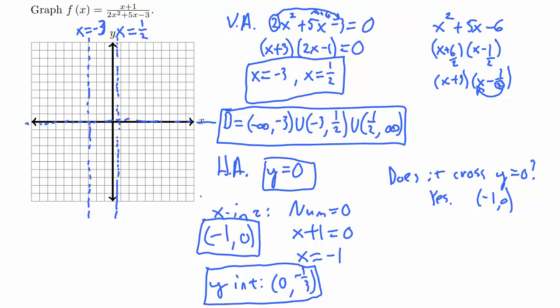Next, I want to plot the x-intercept, that -1, 0, and the y-intercept, 0, -1/3. I want us to look at what's happening here. Because these 2 points are right here, we have to connect those. But at this -1, 0, its multiplicity was 1, so it crosses the x-axis.